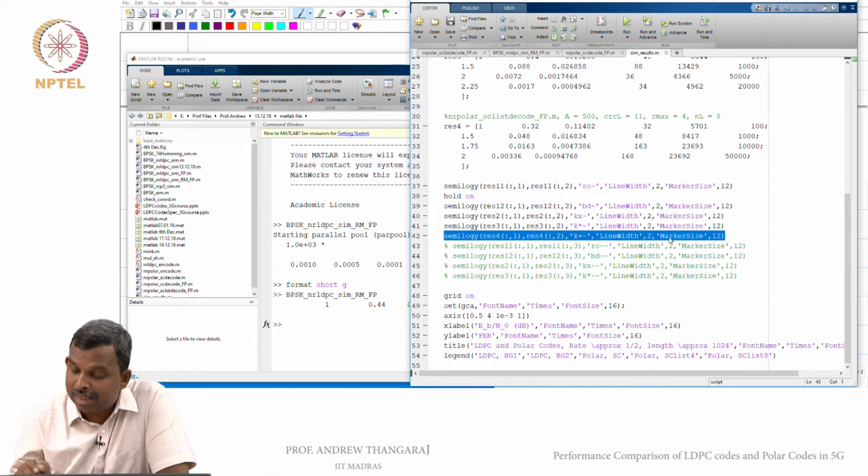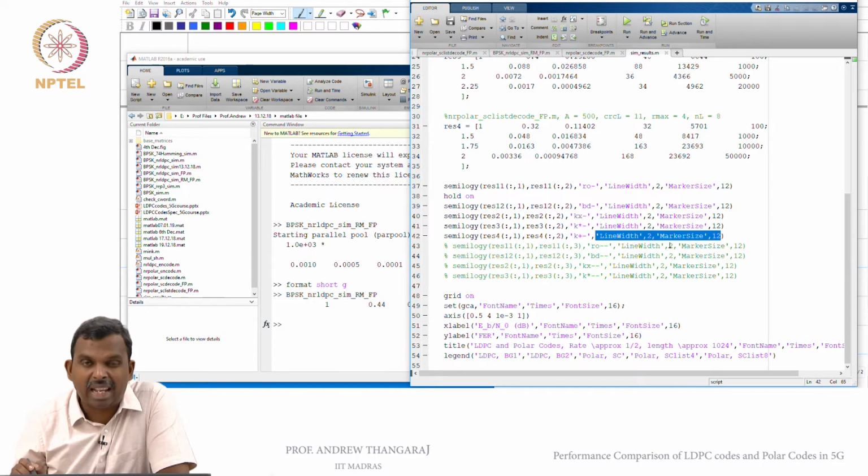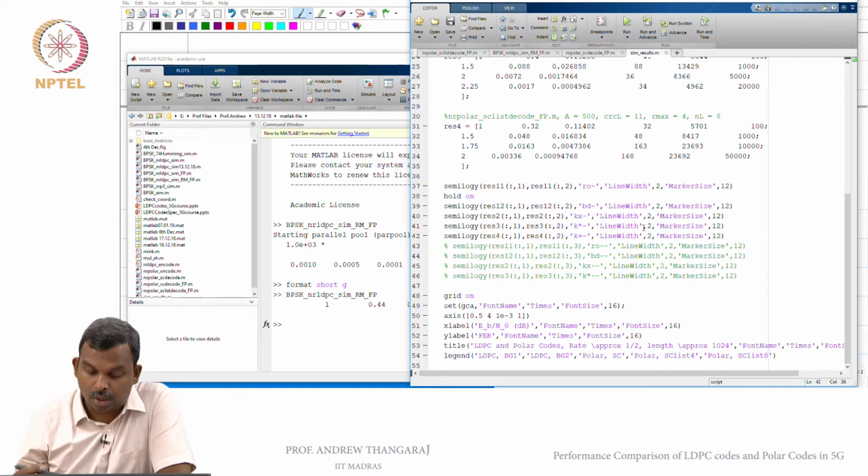There are some parameters here. I'm arranging what type of line there should be, what type of marker, and what color. K is actually black, plus means a plus marker will come, and dash means a continuous solid line. Then I pick these line widths because MATLAB's default line widths and markers are way too small. So I like to keep a larger line width and a larger marker size so that the plot comes out quite well.